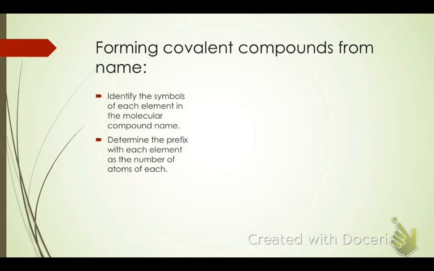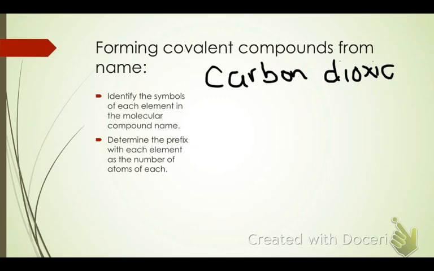How do we form a covalent compound from the name? Well, just like ionic compounds, you would identify the symbols from the names. So if we took, for example, carbon dioxide, we know that we're dealing with carbon and oxygen being O. And then you need to look at the prefixes that are included.